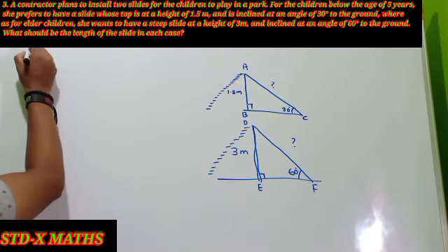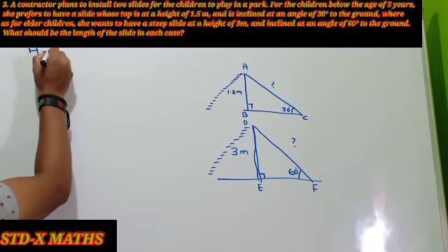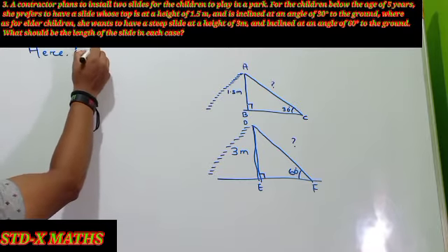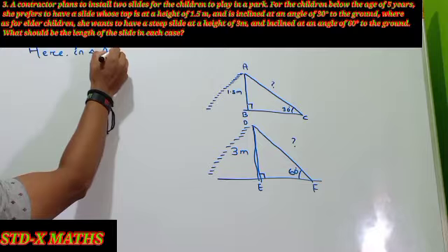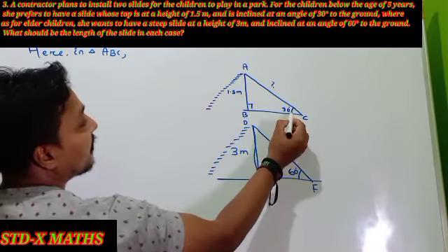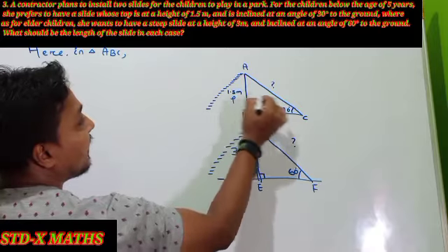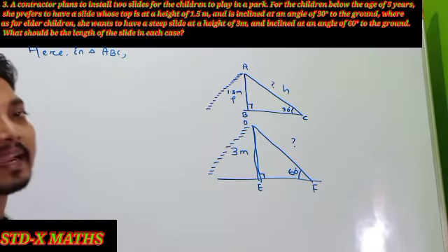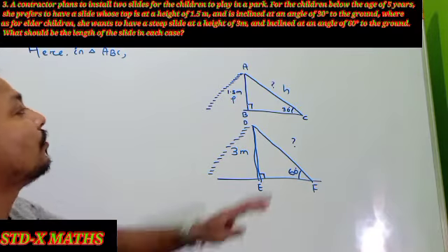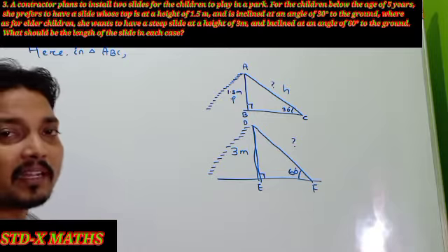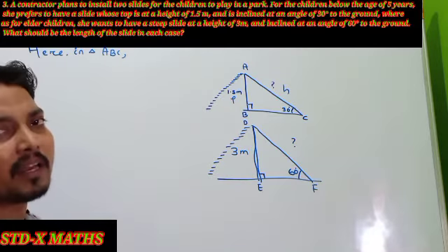So in triangle ABC, for this angle, this is the P and this is the H, so we have to consider a trigonometric ratio relating P and H. One is sine, another is cosine.